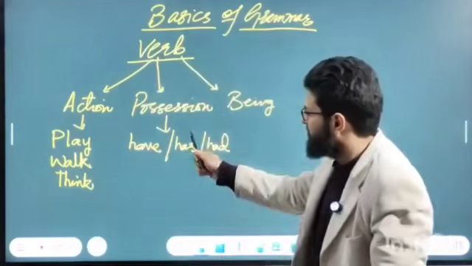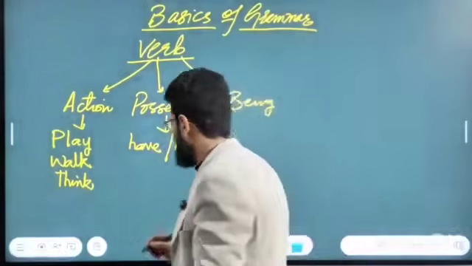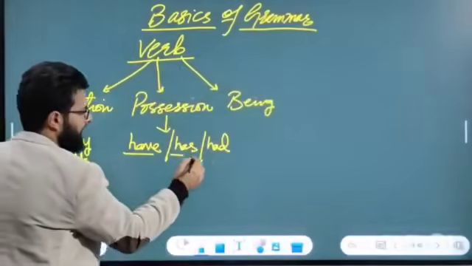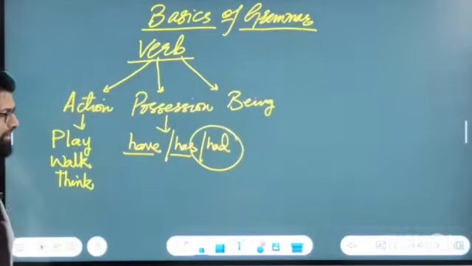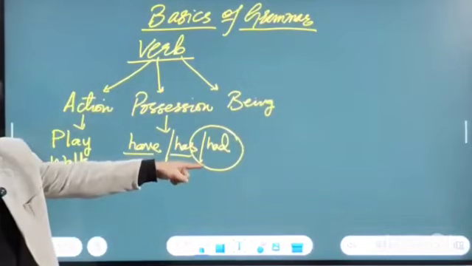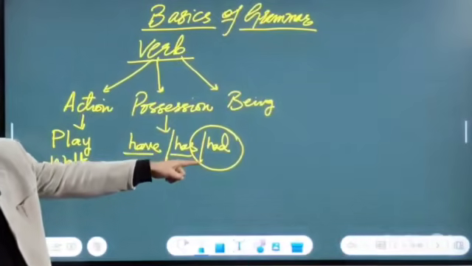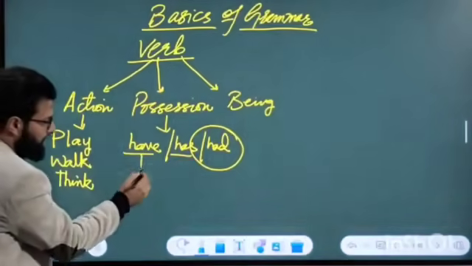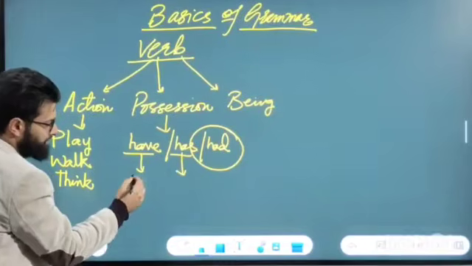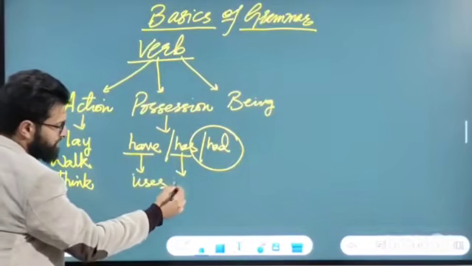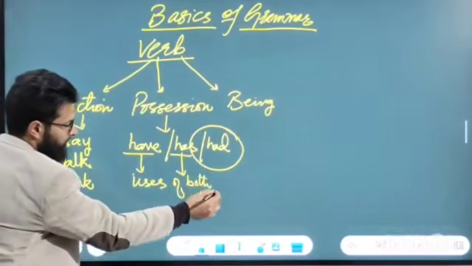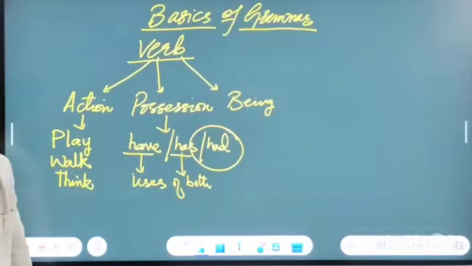Any word which shows possession is verb. Like for instance, if I write have, has, and the past form of both of these words. These two are present forms and this one is past form, right? We'll be discussing later on the uses of have and has. Where do we use have and has, right?